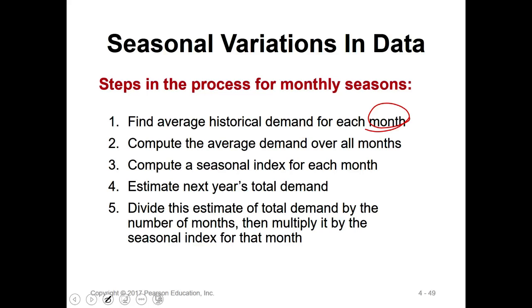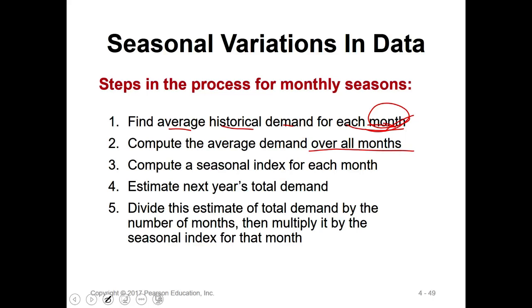And also can be Monday, Tuesday, Wednesday. So season means something around your period of time. So we find the average historical demand for each month, or you call it each season, depending on the data you are processing. And then we compute the average demand for all of the months.